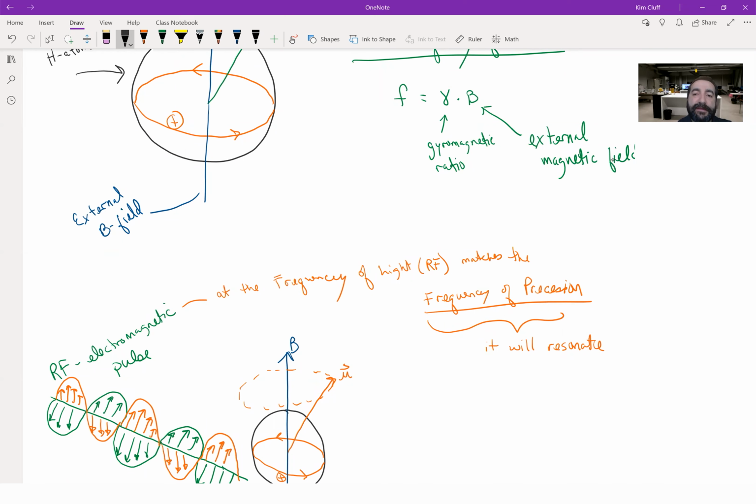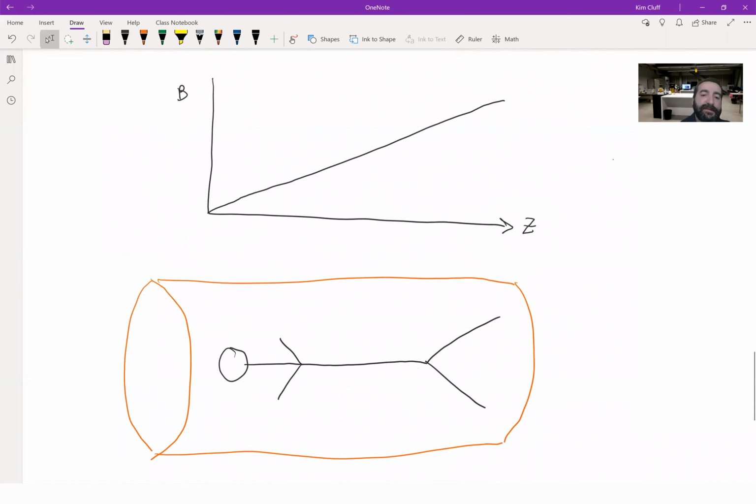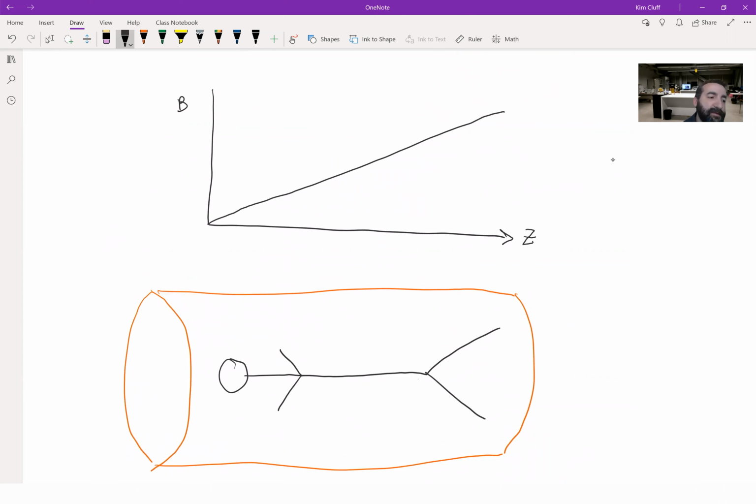But the only thing that's changing is the B field, okay? So along this, let's say at this point here, the B field strength might be B naught, okay? And then over here, at this point here, the strength might be B1, okay?